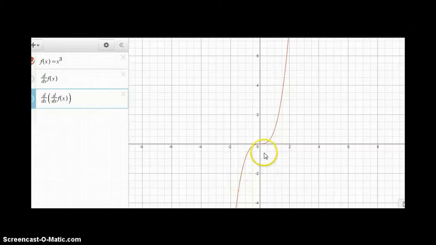Okay, so I have the function y equals x cubed. So notice how if I draw the slope of each line, if I follow my little car, the slopes here are all positive. And then at 0, I have a slope of 0 because the tangent line will go across.